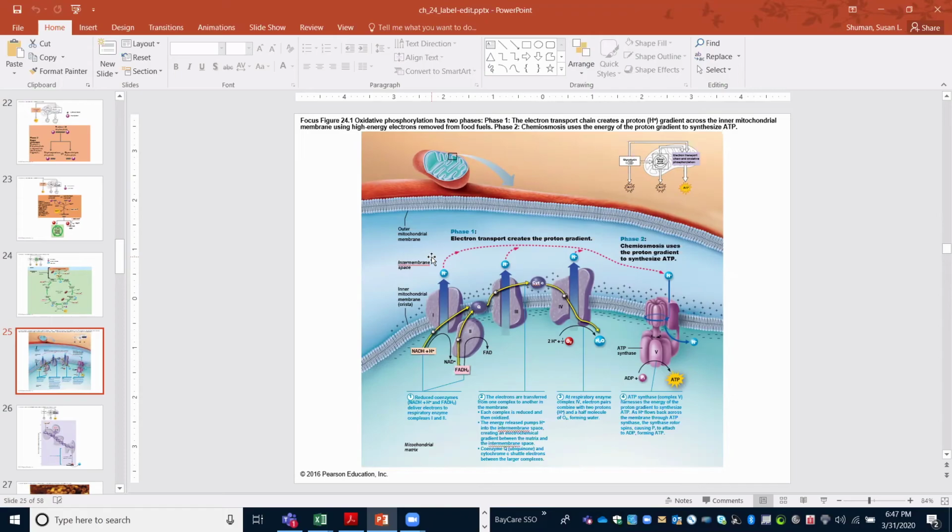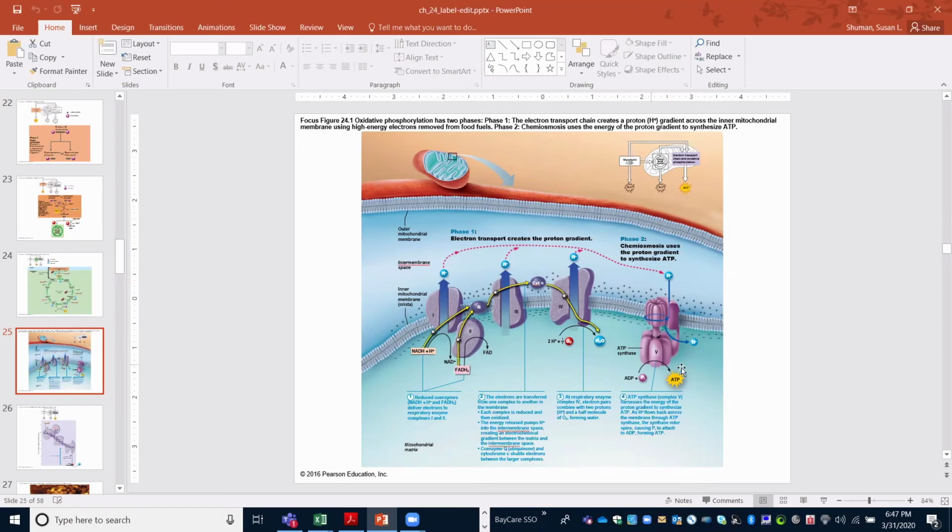Then I'm setting up a very unequal charge, and when you do that, that is how you create a current. The way it gets discharged is through this ATP synthase. And this is a really lovely, huge picture in your books on page 941.